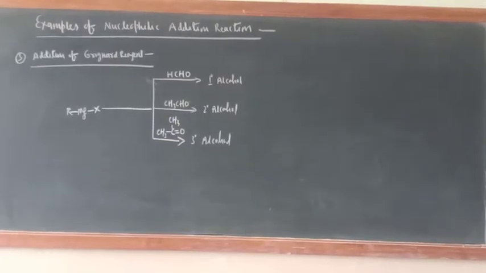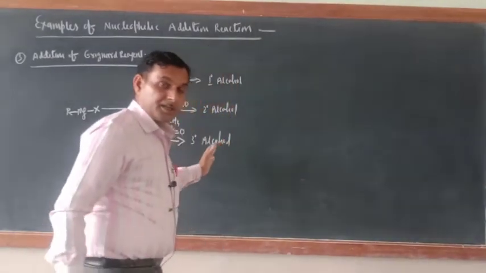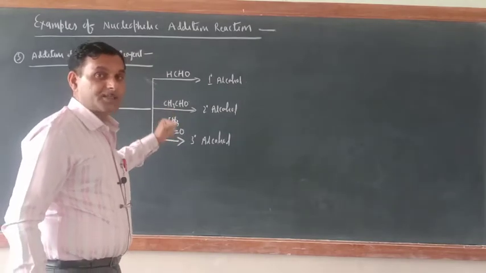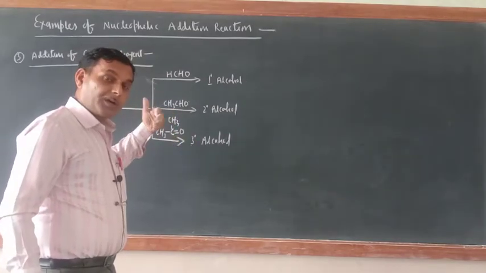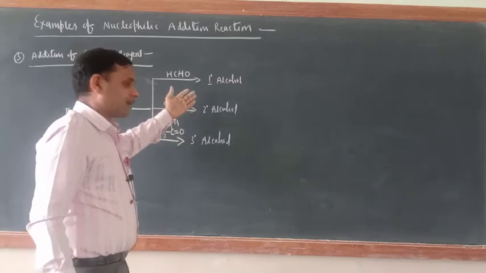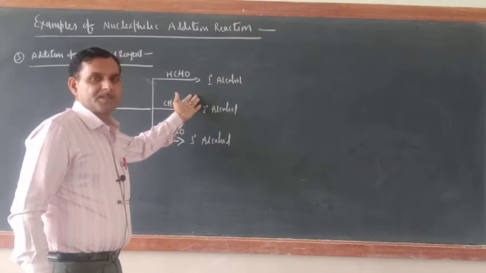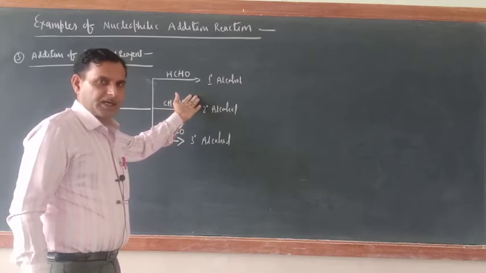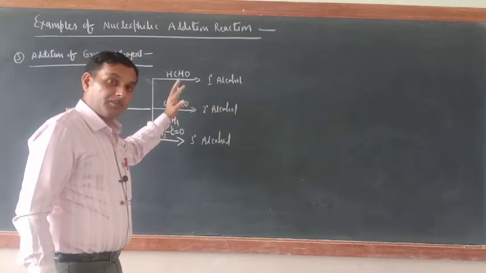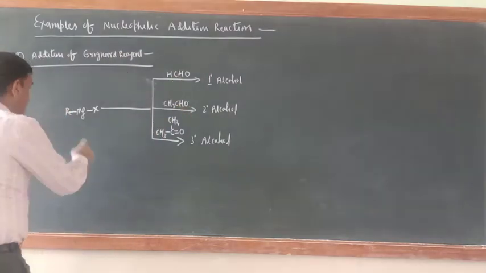Okay, just see addition of Grignard reagent. Already I explained this reaction. Now this is the chemical property of aldehydes and ketones, and in the alcohol chapter, that was the method of preparation of alcohol. At that time I taught you in detail how Grignard reagent is added.